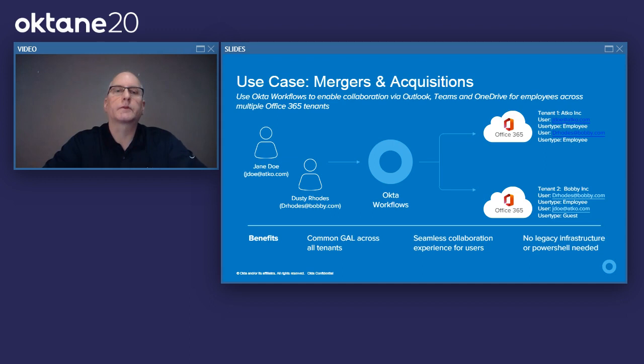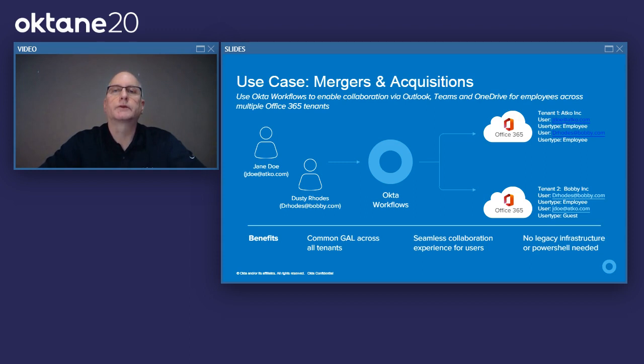So how about mergers and acquisitions? This is very common. I work with a lot of customers that go through a lot of mergers and acquisitions. So in this case, let's say Bobby Inc. has merged with Atco, and Jane is an Atco employee.